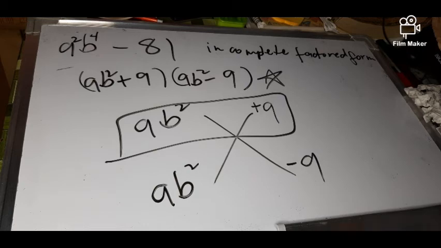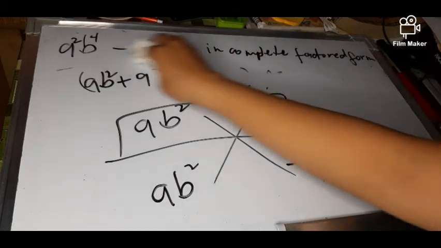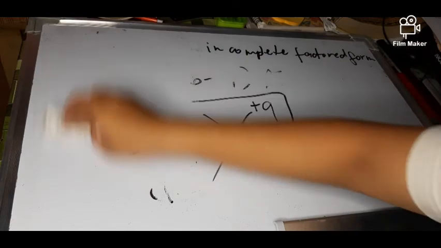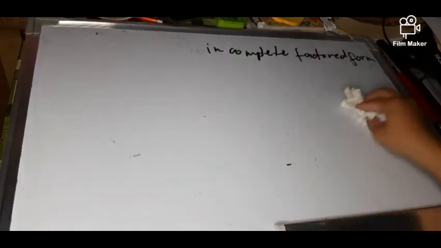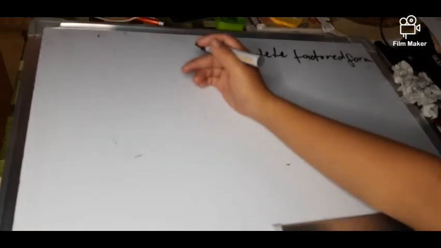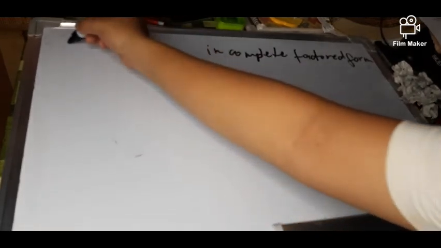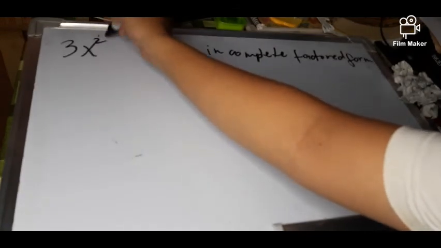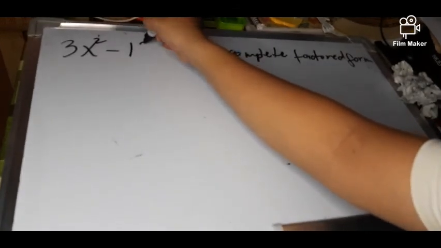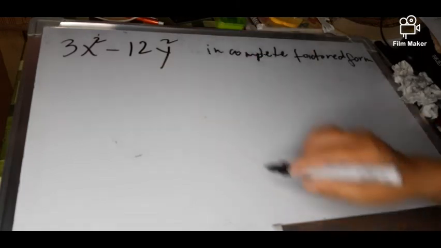So, paano yung ganitong example naman? Last example tayo, bago tayo magpunta dun sa factoring sum and difference of 2 cubes. What if the question is like this? So, we have 3x squared minus 12y squared.